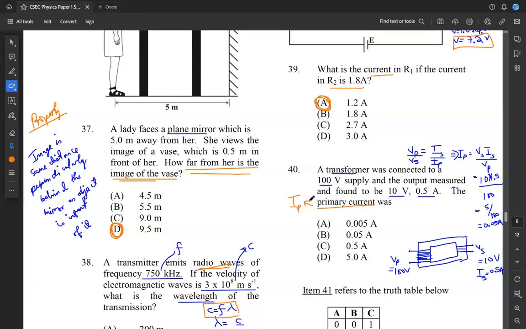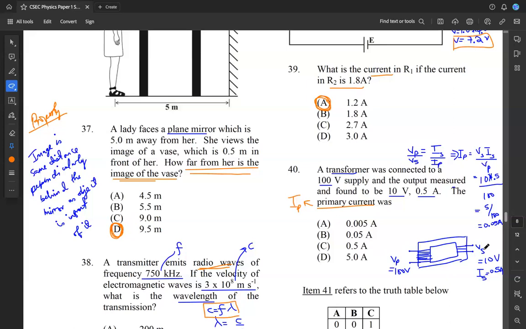And so we know there are several relationships that we can use for transformers. One of them I've written here relates the voltage in the primary coil over the voltage in the secondary coil, and that is equal to the current in the secondary coil over the current in the primary coil, right? Since we want to find IP, the current in our primary coil, we just rearrange, making it the subject, and then plug in these values because we know all of these.